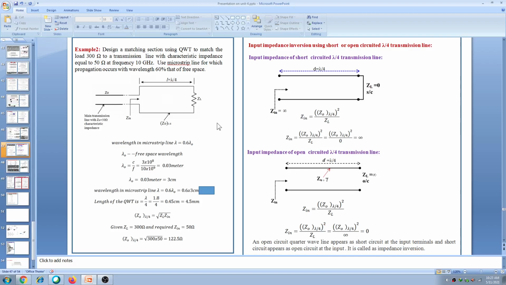So this is the solution for that problem. This is about a quarter wave transformer. In the examination the data may be different, but this is the procedure for how to solve the problem.